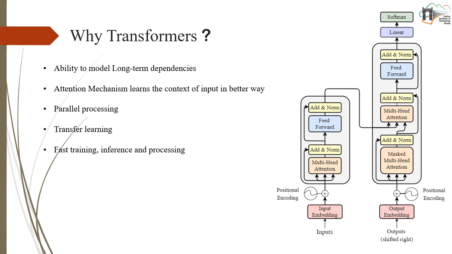Now, the third benefit that we get from our transformer is parallel processing. Unlike sequence models like RNNs, transformers can process inputs in parallel, making them highly efficient. These parallel processing capabilities stem from the self-attention mechanism, which allows the model to simultaneously attend to all positions in the input sequence.